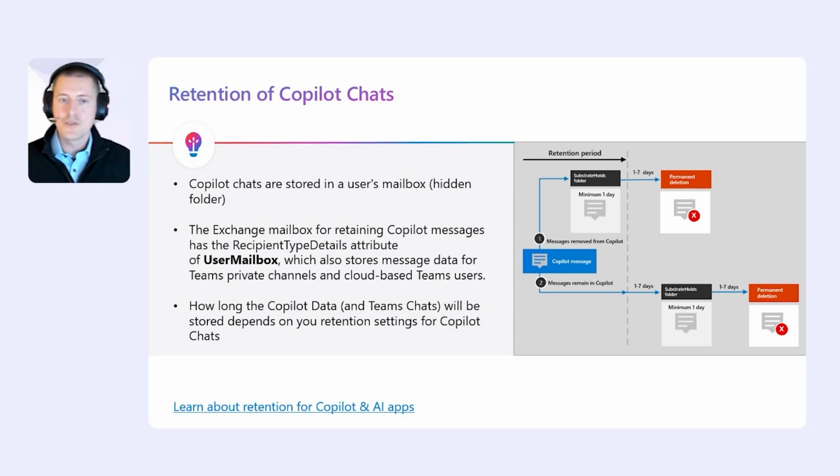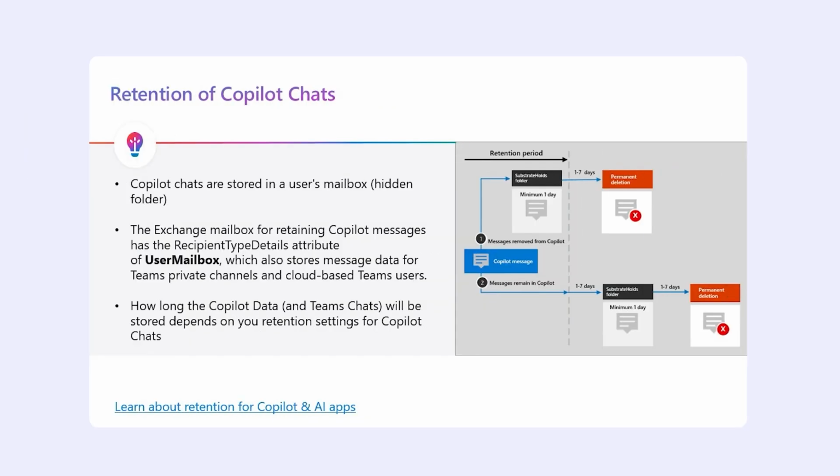The same applies to the other concept. If the message isn't deleted by the user, so the message remains in the UI, but a retention policy is configured, after the retention period ends, the same job kicks off within these 1 to 7 days from an Exchange point of view, and after that, the same job will kick in again.